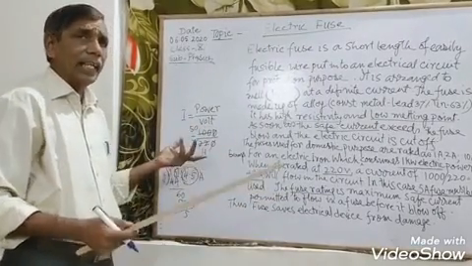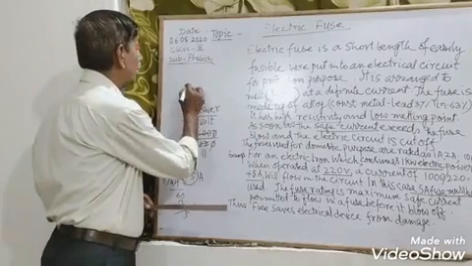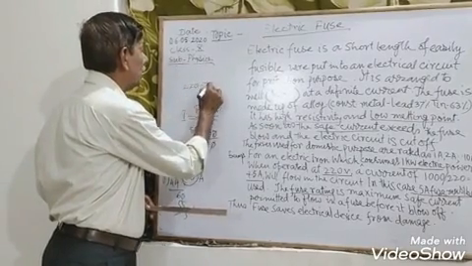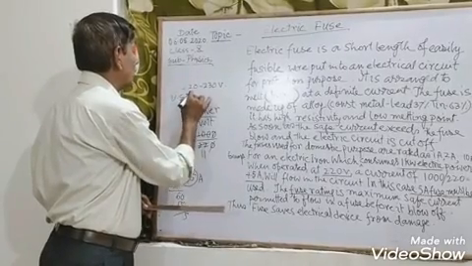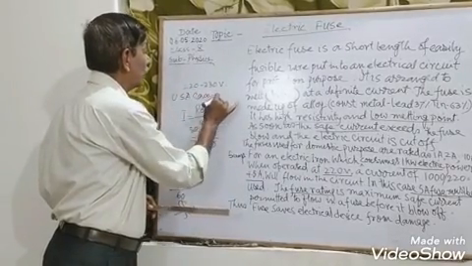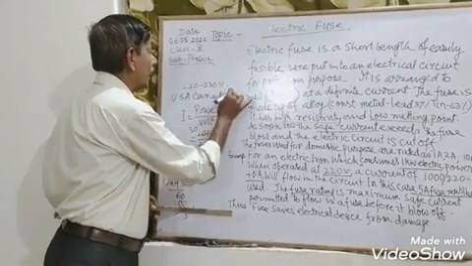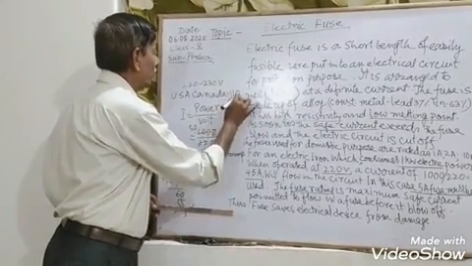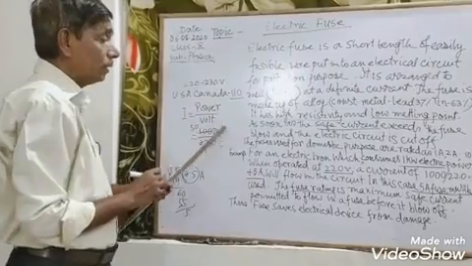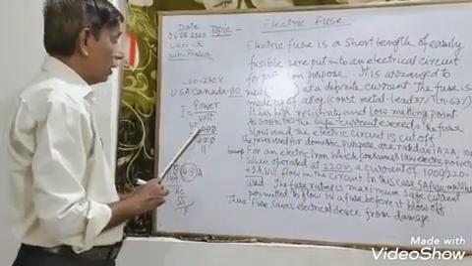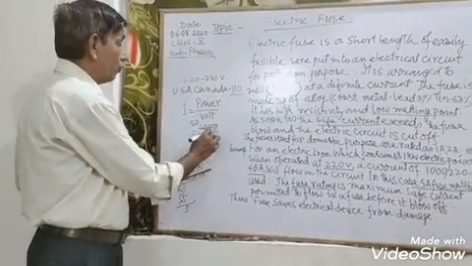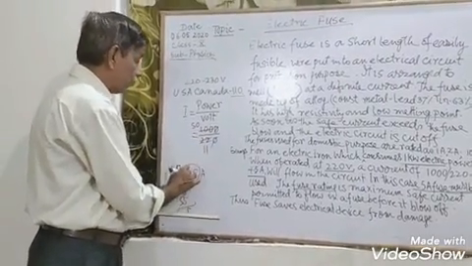Commonly in India it is 220 or 230 volt, but in USA and Canada, it is 110. So we have the power of the electric iron, 1000, and the volt, 220. Obviously you get 4.5.